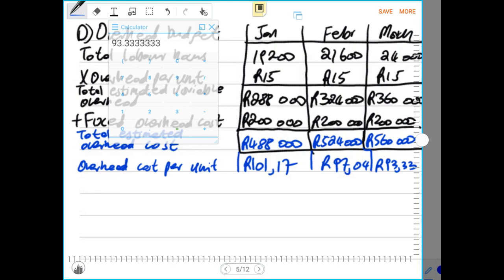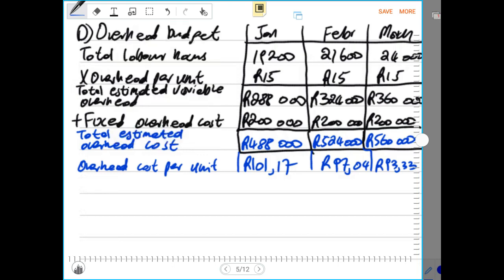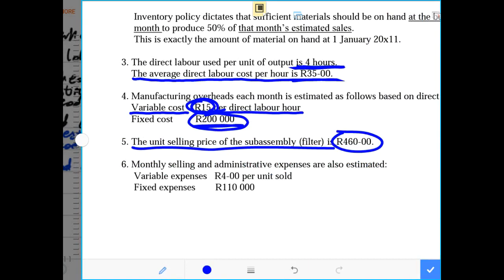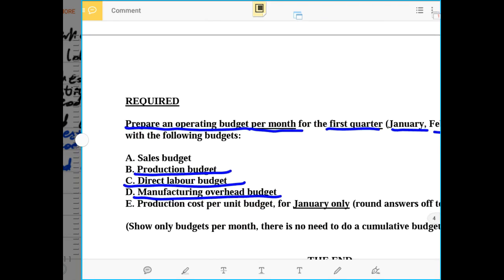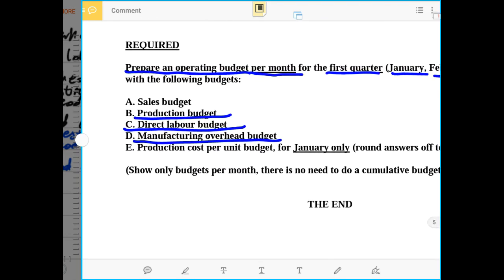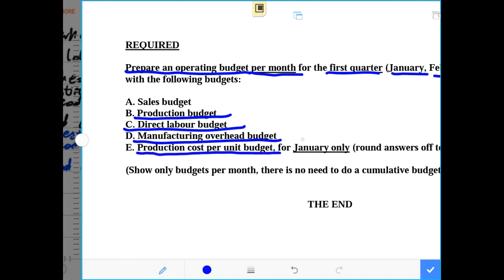So now we continue on that same note. Then the next budget that is required, the last budget, is the production cost per unit budget, only for the month of January.